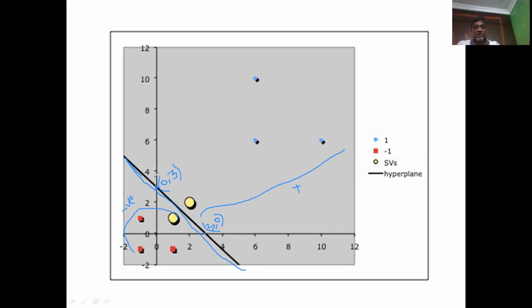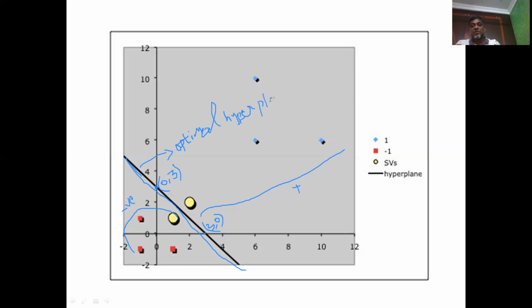This line becomes the optimal hyperplane for the given set of input patterns. So this is how we can identify the optimal hyperplane for a given set of input patterns if they are not linearly separable.